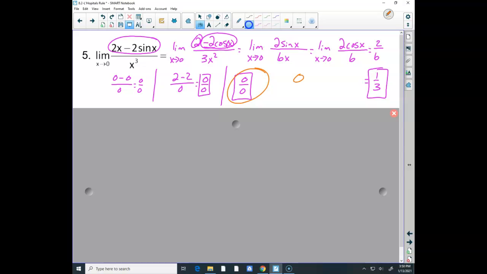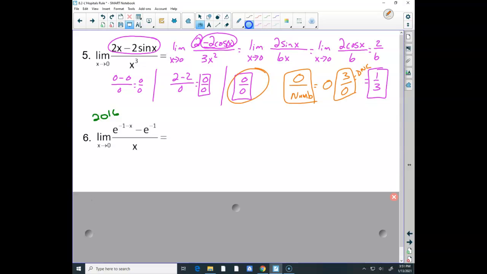Remember, 0 divided by something is nothing. And also remember, something divided by 0 is not indeterminate. This does not exist. The limit does not exist. Only 0 over 0 is your indeterminate form of your limit right now.